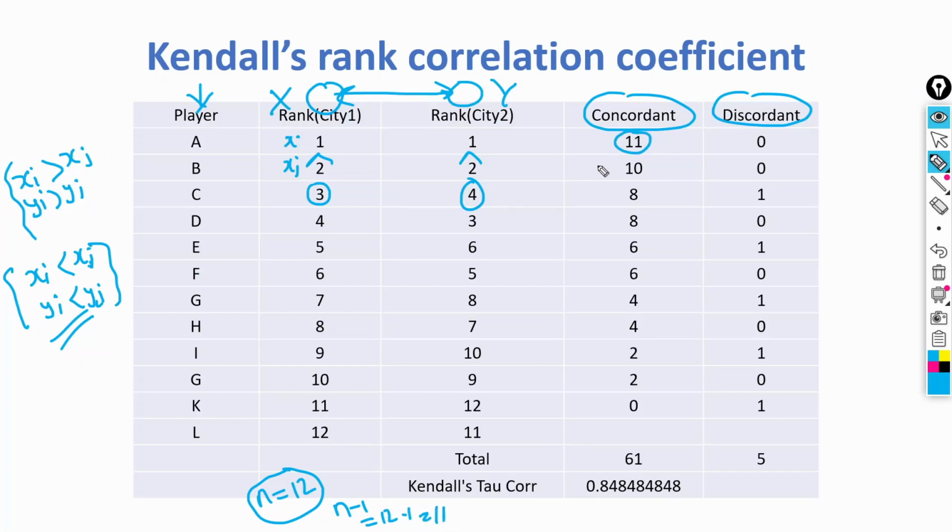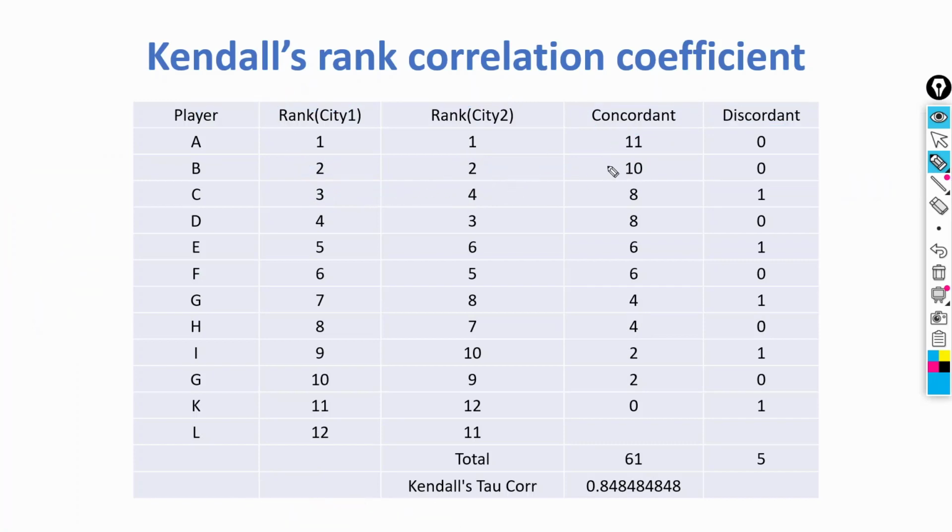This is your starting point. Now you have to check the second point. Now if you see, 2 is less than 3 and 2 is also less than 4, the same condition. So how many ranks remain? We have a total of 10 ranks remaining, like here we had 11. Now the remaining rank is 10, so we will mention the 10.